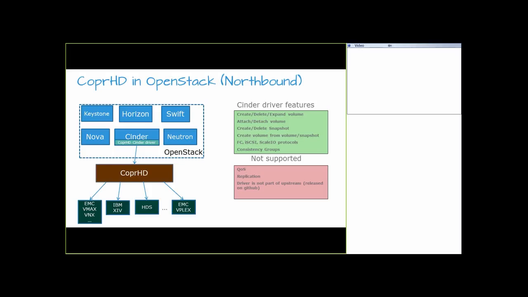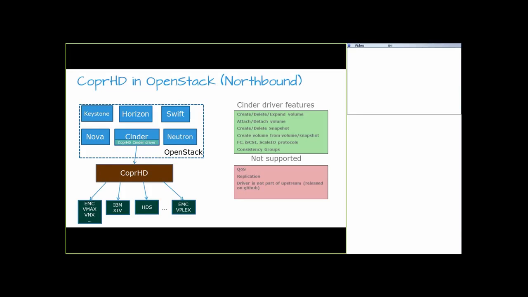So in a nutshell, what we are saying is that from a CoprHD perspective, if you're saying that CoprHD would make the entire OpenStack much better, we can't go and tout capabilities like multi-site where the entire stack is not multi-site.